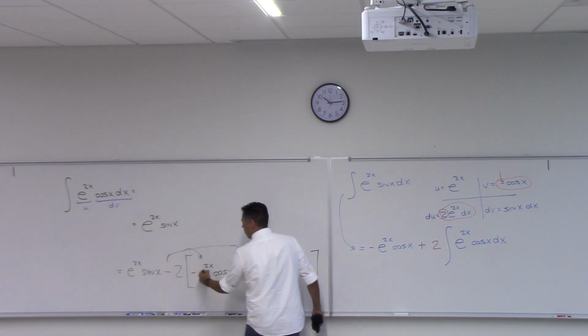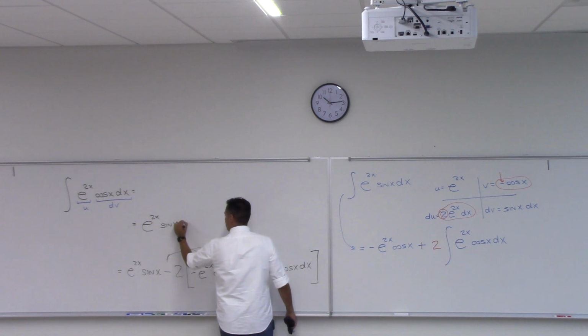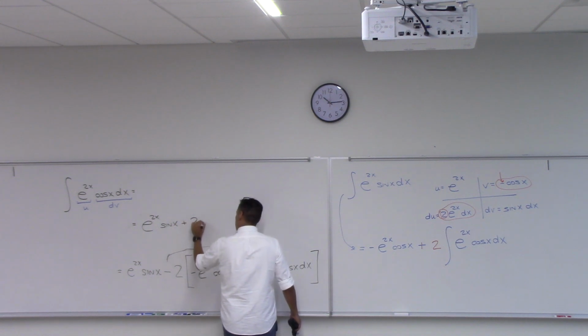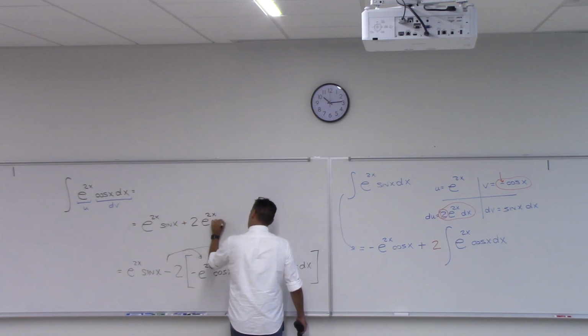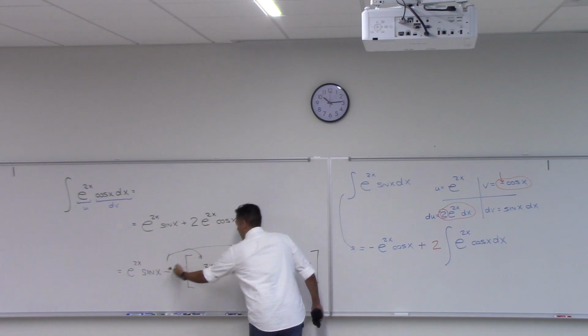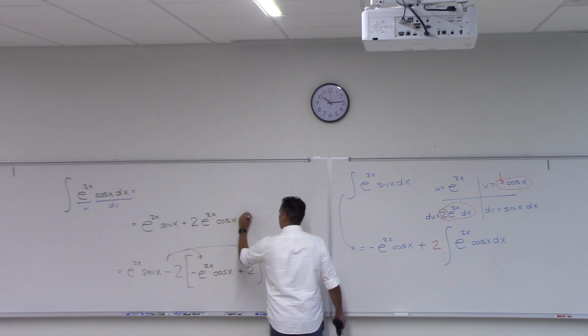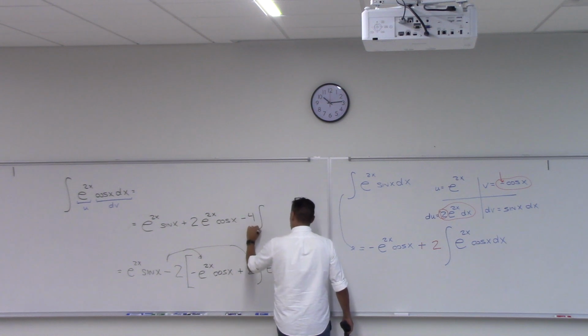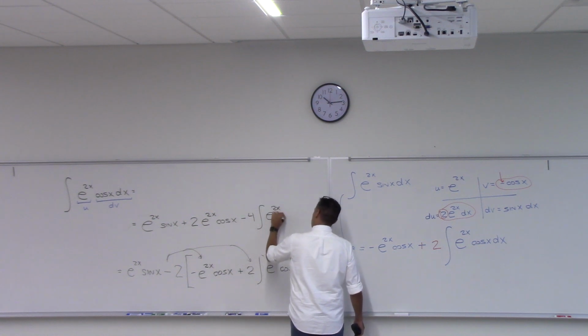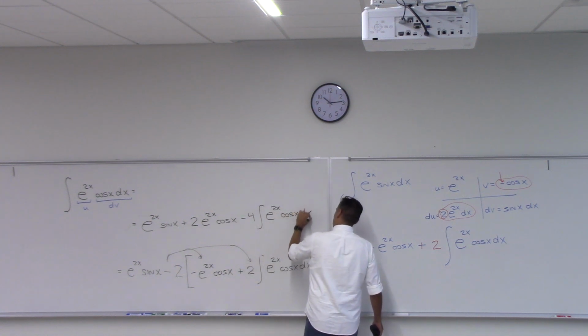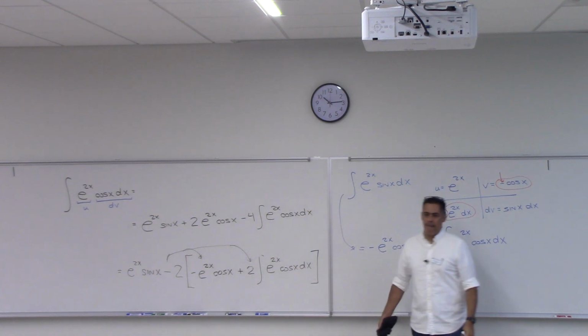Okay, distributing through here. Minus and minus is plus. So plus 2e to the 2x cosine x. And then negative 2 times positive 2. So minus 4 integrals of e to the 2x cosine x dx. Yeah?